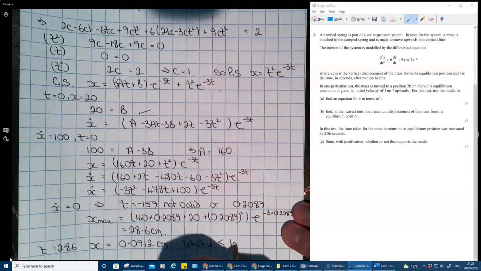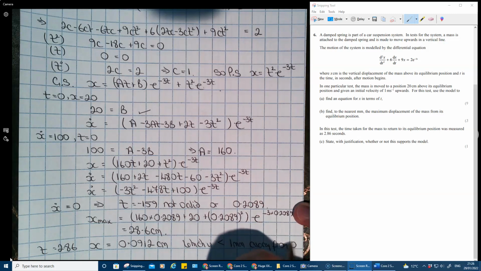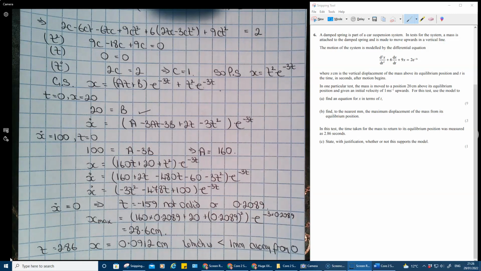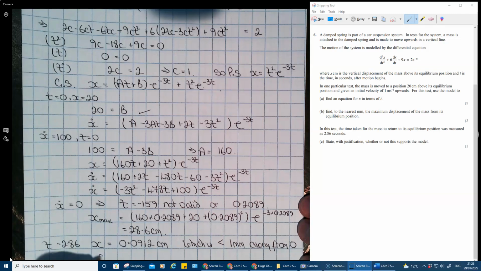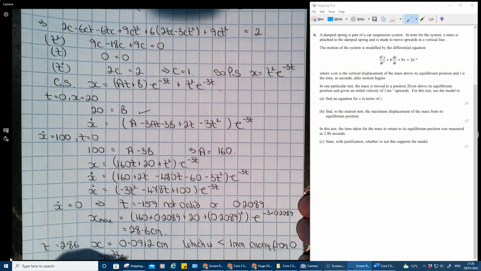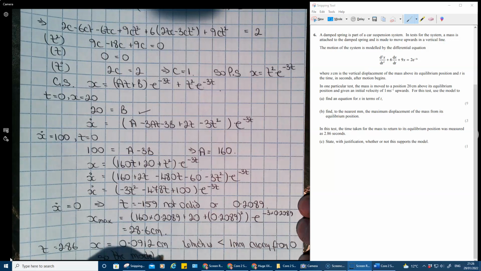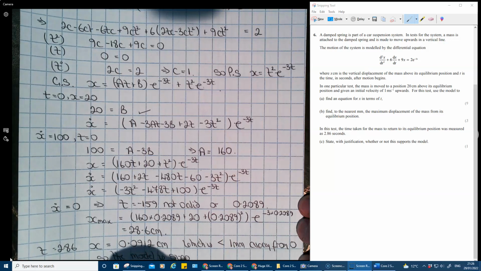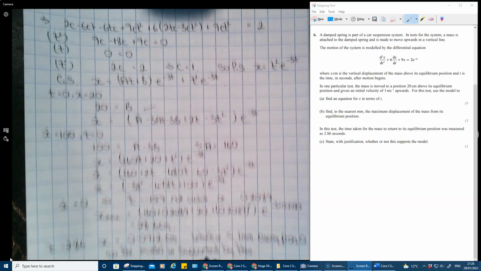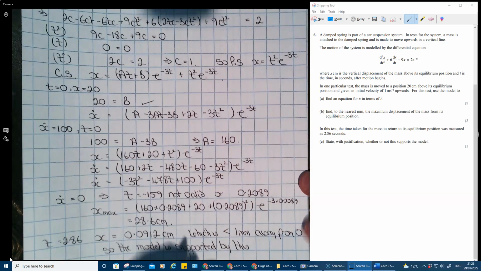So it's less than 1 millimeter away from 0. So the model is supported by this measurement.